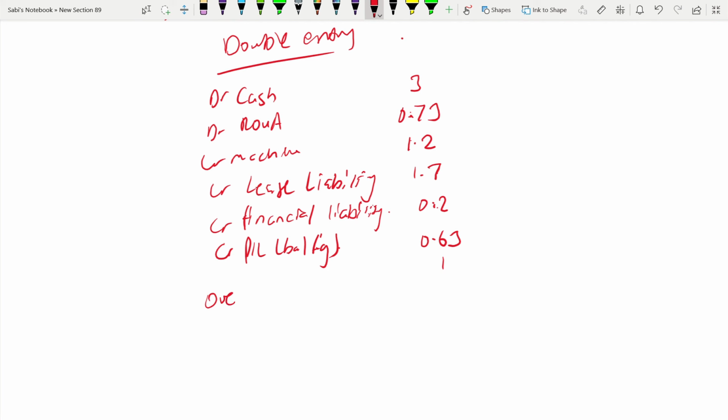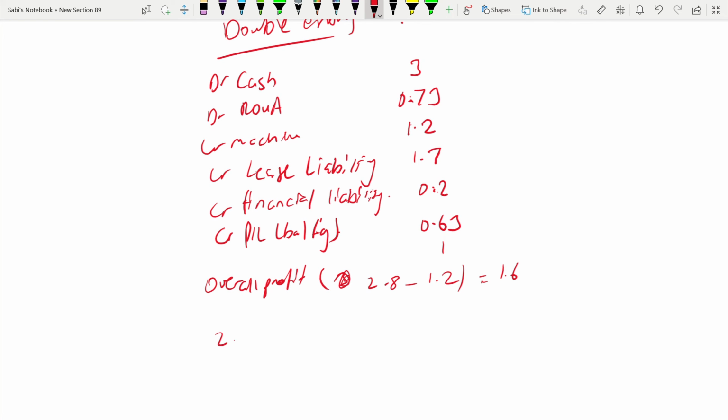Find the overall profit from the sale. You have sold it for, sorry, not 3. Fair value was 2.8. Fair value before the sale was 1.2, so the gain was 1.6. This 1.6 relates to the right that has been transferred to Ceramic.